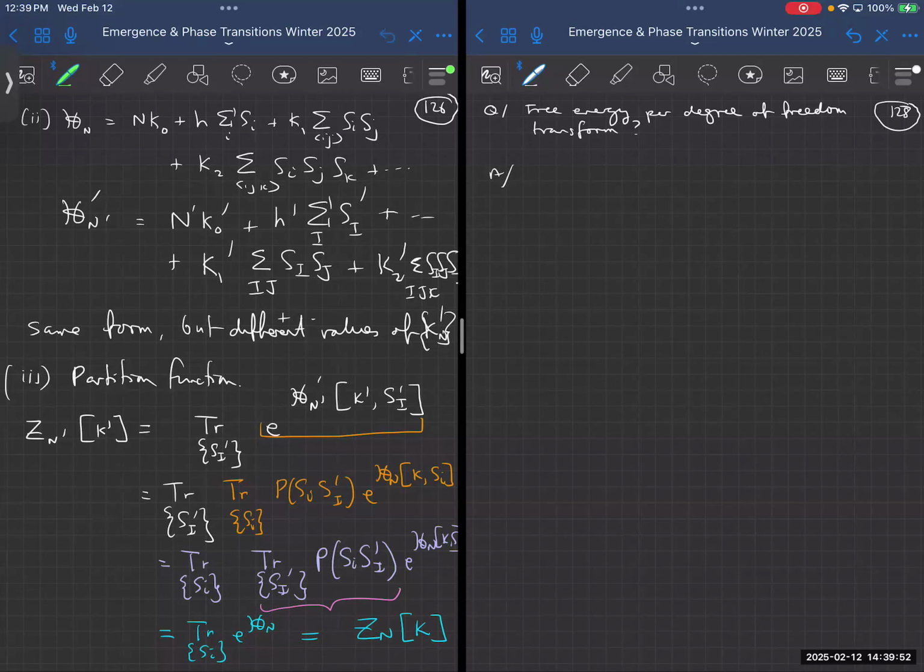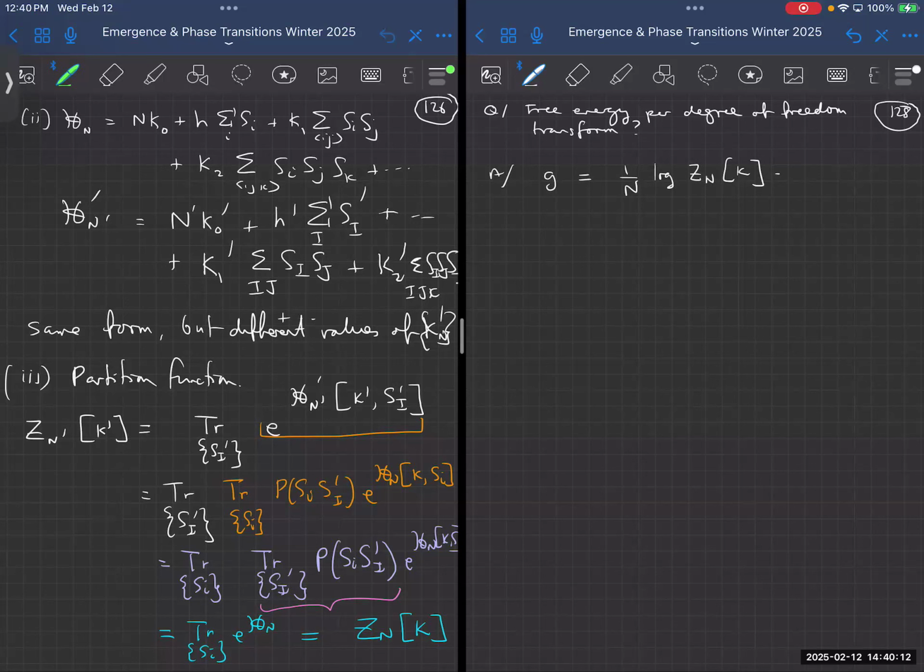And so the free energy per degree of freedom I'm defining to be 1 over N times the logarithm of the partition function of my original coupling constants. But after I've done one coarse graining transformation, I now have fewer degrees of freedom.